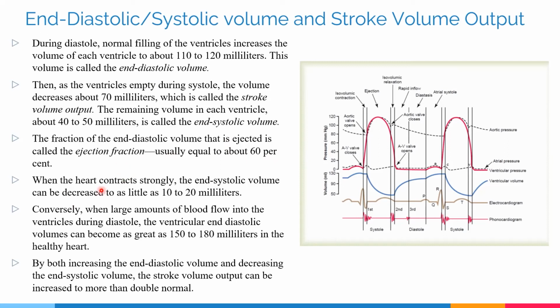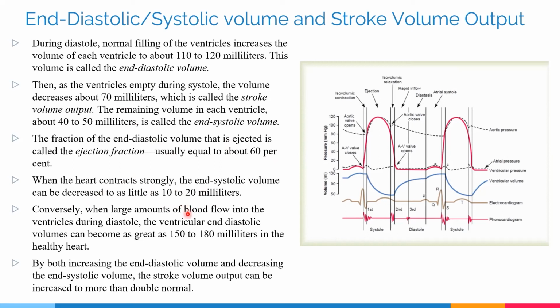When the heart contracts strongly, as during exercise, the end systolic volume can decrease to as little as 10 to 20 milliliters of blood. So from 40 to 50, we have a decrease to 10 to 20 milliliters when the heart contracts strongly.